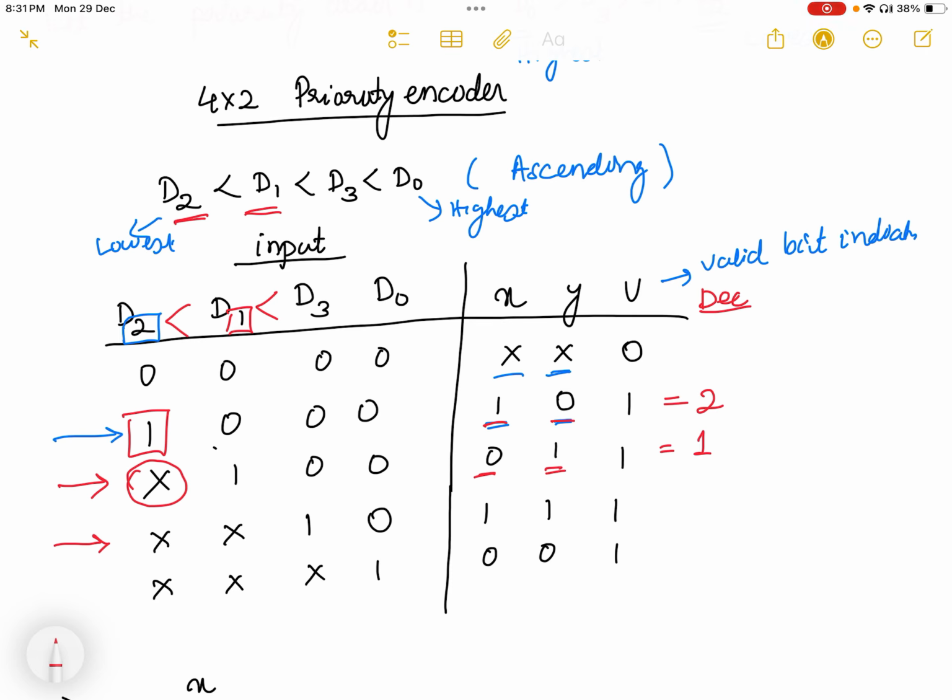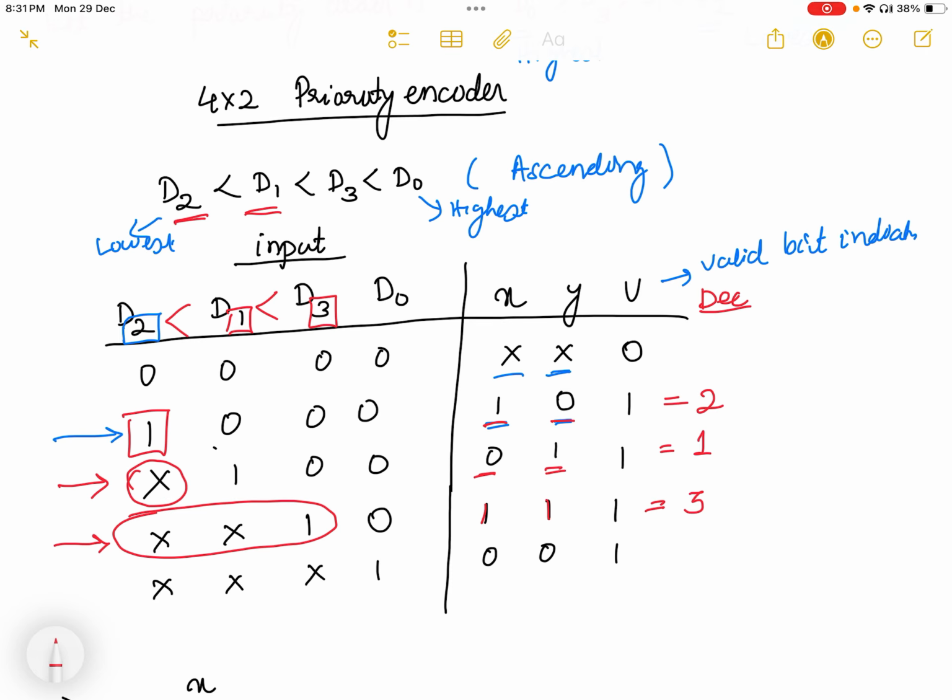If I go to the priority order, D3 has higher priority than D1, and D1 has higher priority than D2. Out of these three, D3 is the highest priority. So at the output, I should get 1 1. That means the decimal equivalent value must be 3, because D3 has 3 as the subscript.